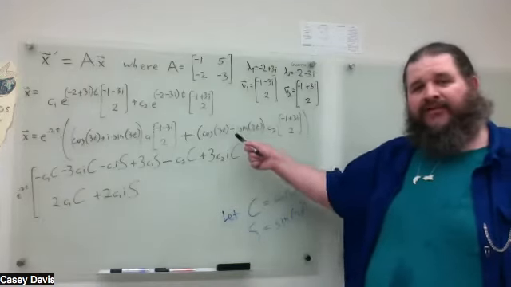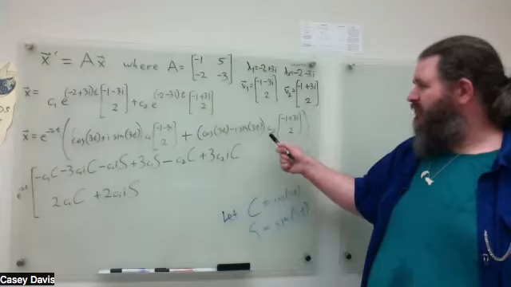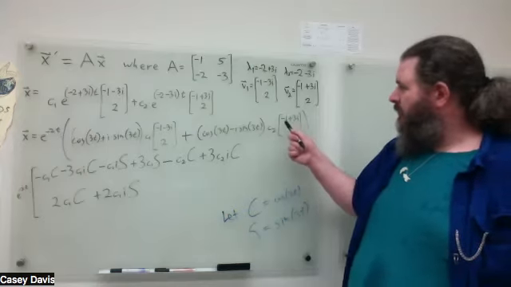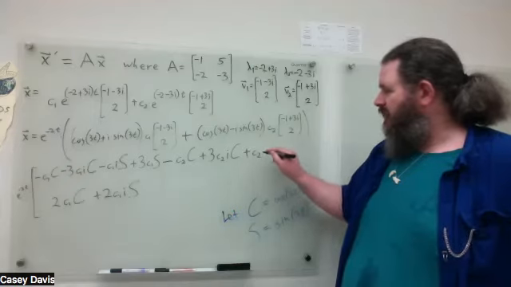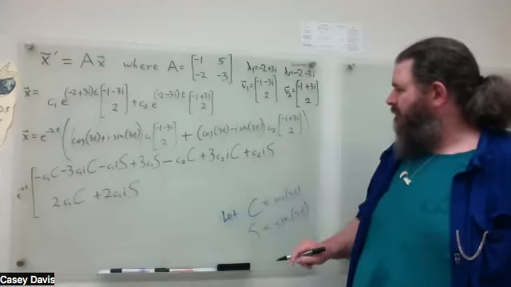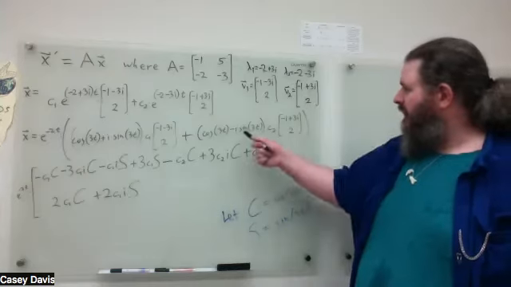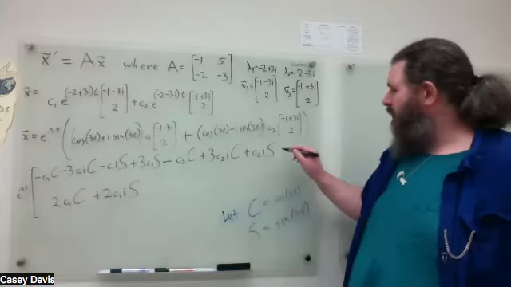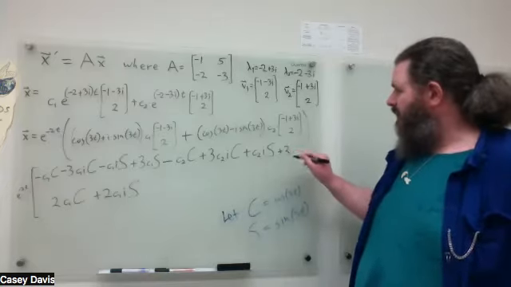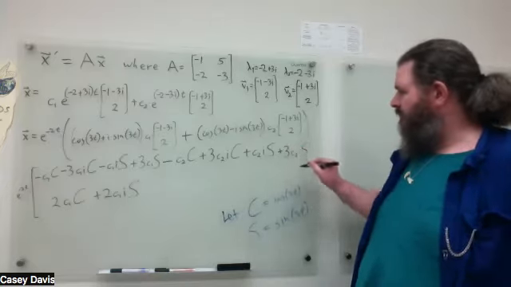And then the -i sine 3t multiplied by C2 in both of these. So -1 times C2 times -i becomes plus C2i sine. And then -i times 3i becomes +3 because the i times i becomes -1. So plus 3C2 sine.